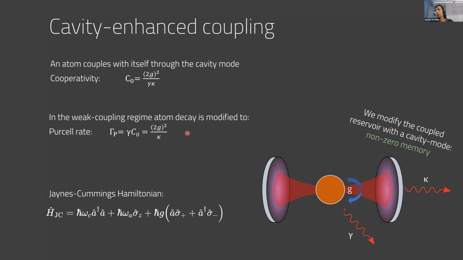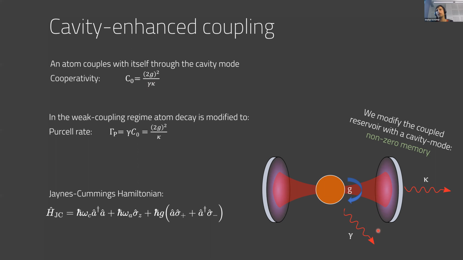So when we talk about lasers, the cavity is very essential, and two important numbers show up there. So the atom couples to the cavity mode with some coupling factor g, and the buildup of coherence in this system can be characterized by the cooperativity C0, which basically is given by the coupling factor to the radiation mode, and inversely proportional to the decays of the system.